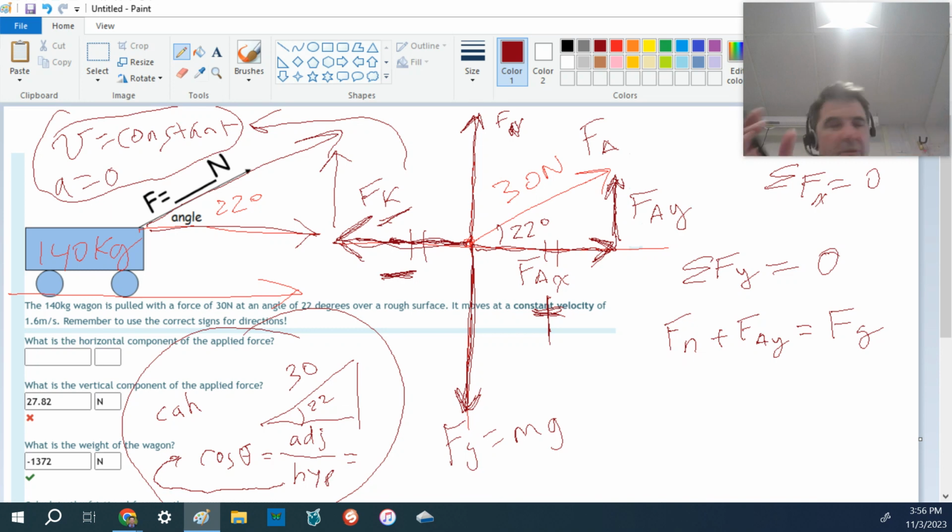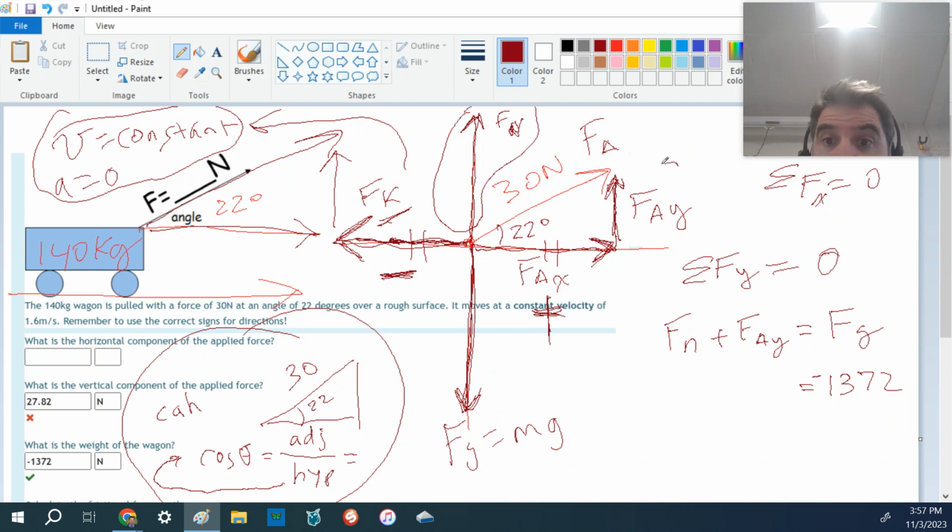Okay, so it looks like the only thing you got right so far is the weight. You said it was 1372, and that's down, so it's negative, right? So negative 1372, and so Fn plus Fay, and Fn is going to be this thing.